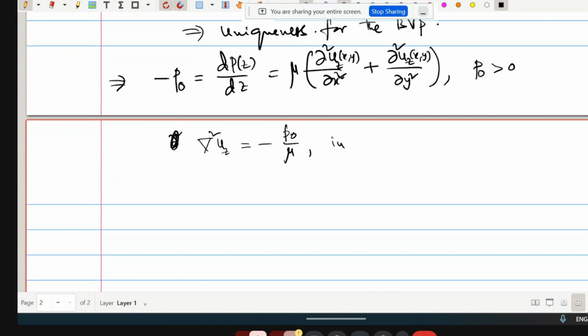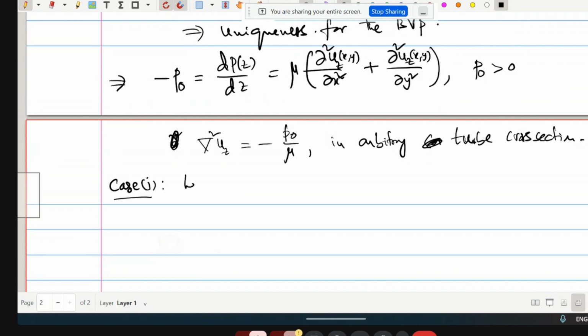You can consider an arbitrary tube cross section. Case 1: let the cross section be an ellipse.